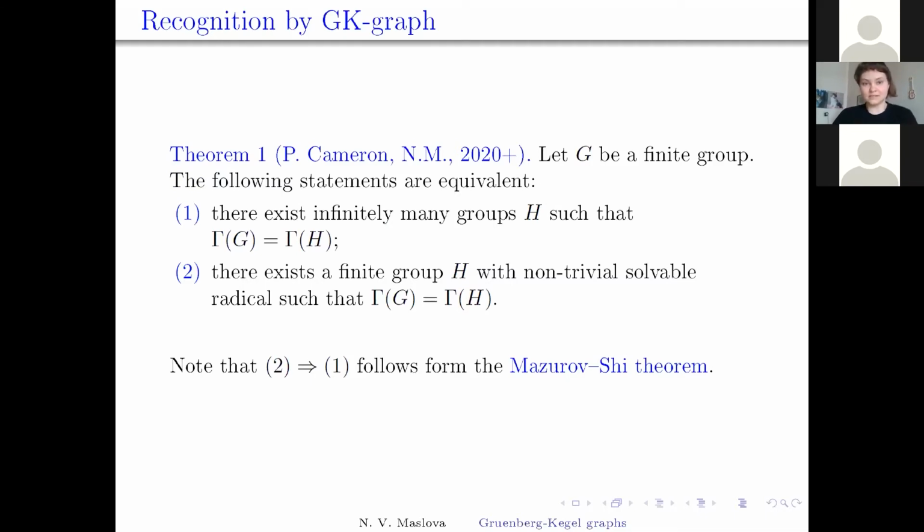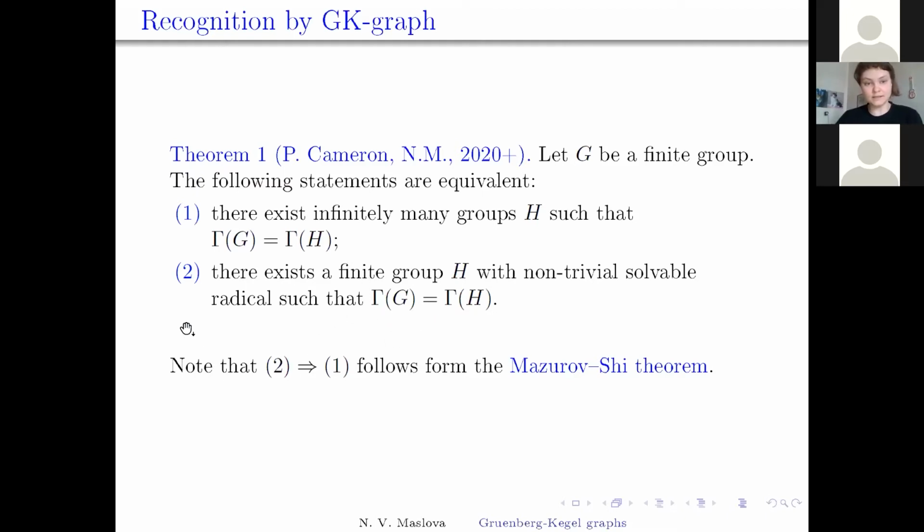And the criterion is really very similar. The following statements are equivalent for a finite group G. There exist infinitely many groups H such that they have the same Gruenberg-Kegel graph F as the group G, and there is a finite group H with non-trivial solvable radical with the same Gruenberg-Kegel graph F as G.